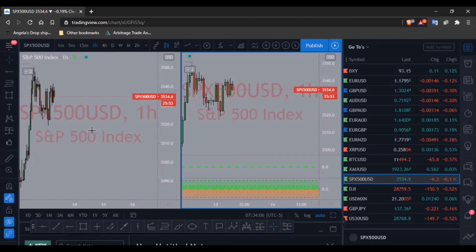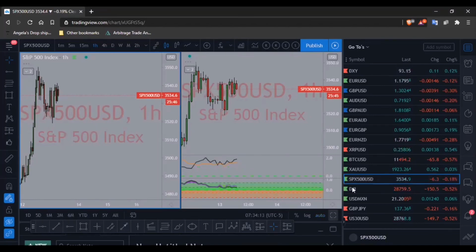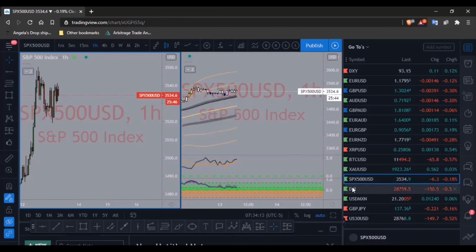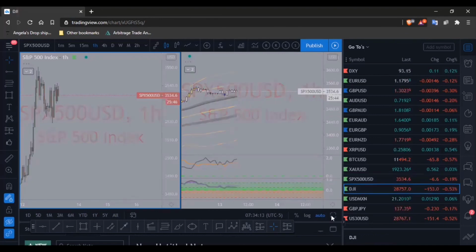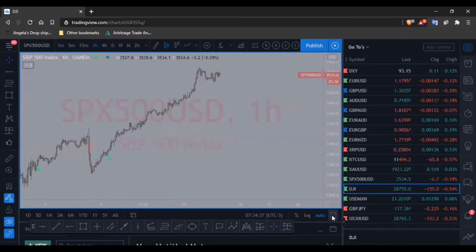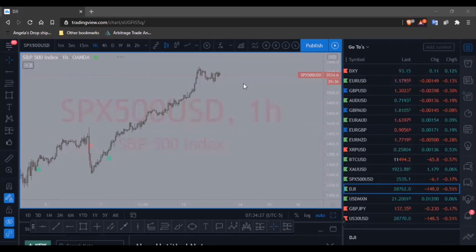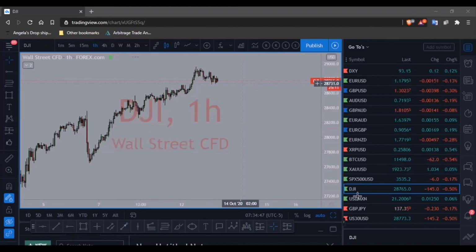Well, I wanted Dow Jones, not SPX 500. Waiting for the Dow Jones to pop up, and I think that will be the last pair that I look at. Oh no, I gotta look at USD Mexican as well because that's what I'm in.